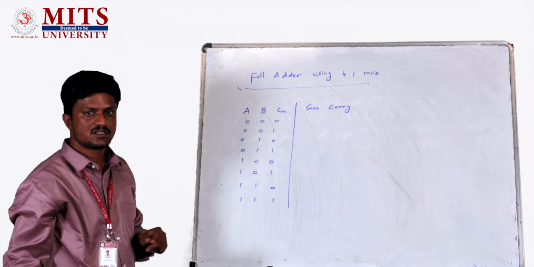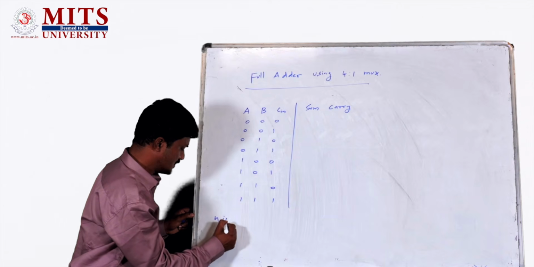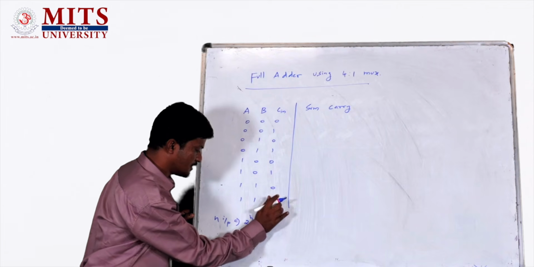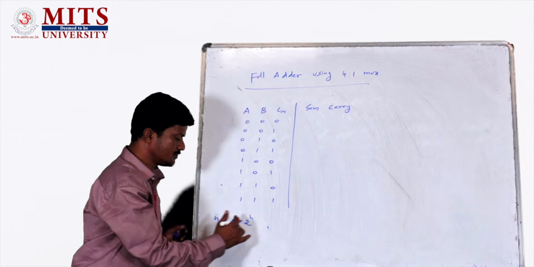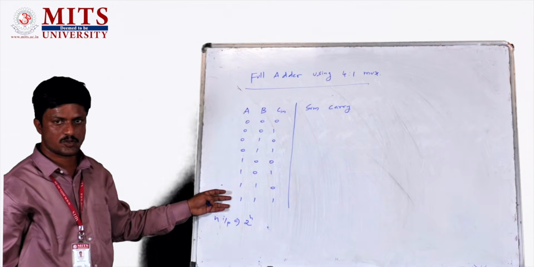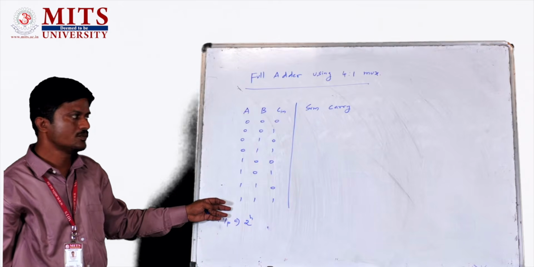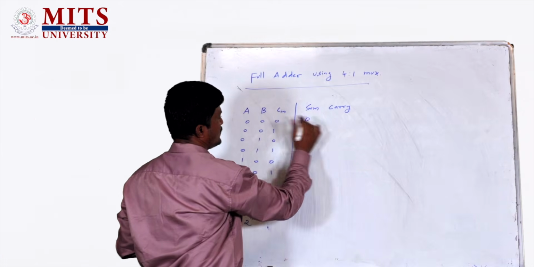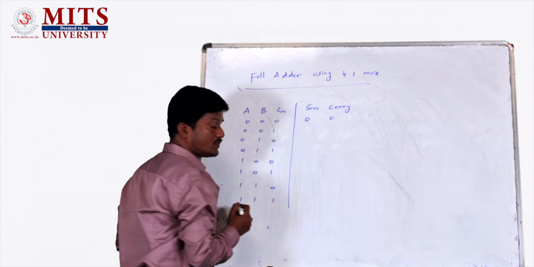Thus in general, n inputs have 2 power n combinations. Here the number of inputs is 3, so you have 8 possible combinations from min term 0 to min term 7. The output of sum and carry is 0 0 for min term 0.